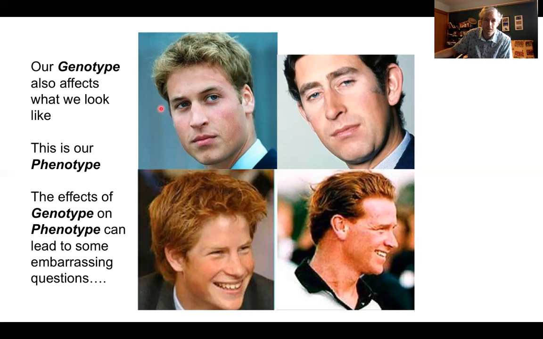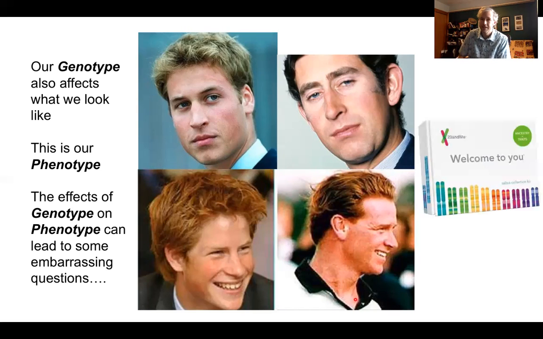They share an awful lot of physical characteristics. This guy is meant to be this guy's father, but they don't share any of those physical characteristics. He does appear, however, to share quite a lot of physical characteristics with Major James Hewitt. So there are some questions being asked, and not surprisingly, neither Prince Harry, Prince William, nor Prince Charles have volunteered for 23andMe, because I think that would lead to some very embarrassing questions.